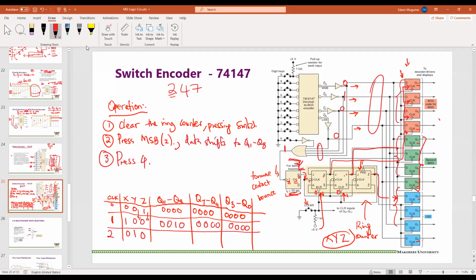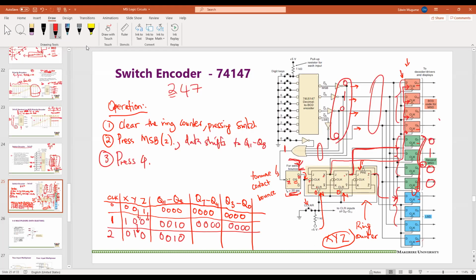Now, if you look at Y, we can see that Y has made a transition of 0 to 1. 0 to 1 is a PGT, and so if we follow Y, we can see that because Y is clocking these green flip-flops, this information will now be stored in these flip-flops. So that means Q11 to Q8 is not affected, because it would be affected if X got a PGT, but it is not affected. So this one will stay 0, 0, 1, 0.